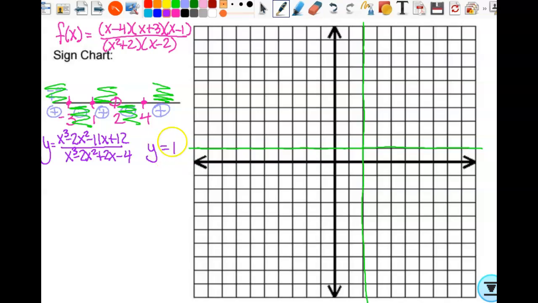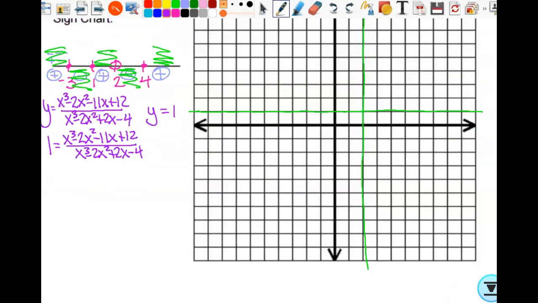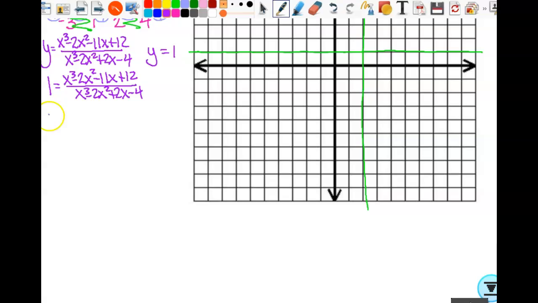So we take the 1, we substitute it in for y, so we get 1 equals that fraction. Then we multiply both sides by the denominator. You get x cubed minus 2x squared plus 2x minus 4 equals x cubed minus 2x squared minus 11x plus 12.